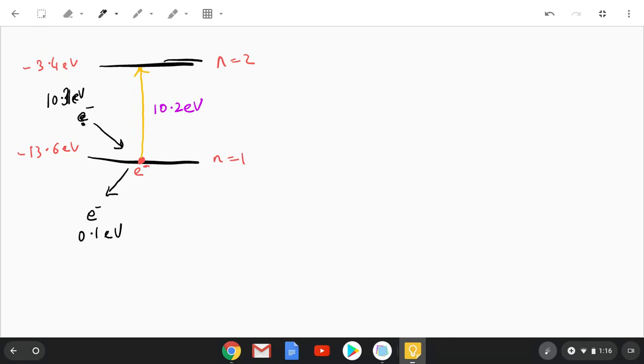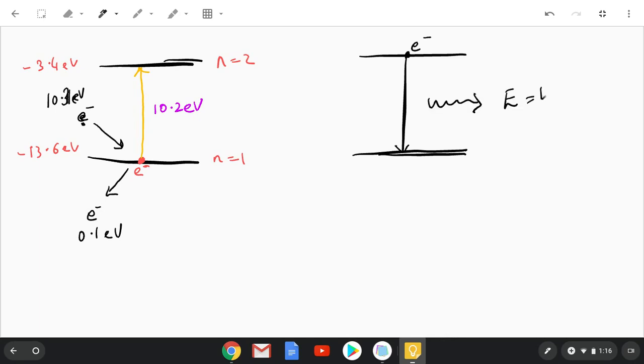So just to go over the opposite, when the electron is sitting at a higher energy level, it can move down and in the process emit a photon with an energy E equals hf.